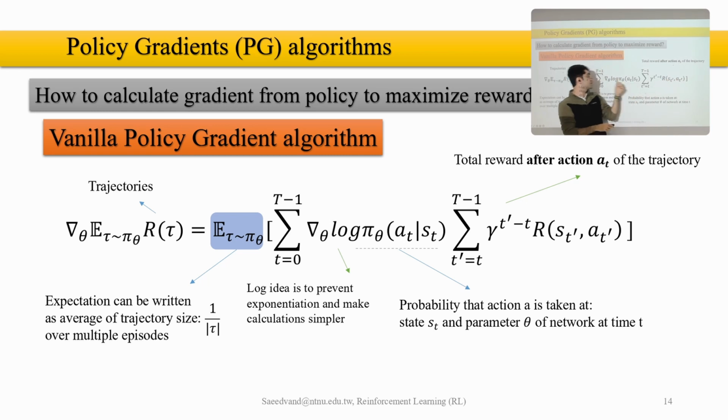Then here, instead of G_t, we put this statement, which says to take the total reward of the actions after the current action. It means that instead of calculating from scratch from 0, we always calculate the discounted reward from t prime equal to t. As t increases, this starts from the next step and looks forward in the trajectory, not from the beginning.